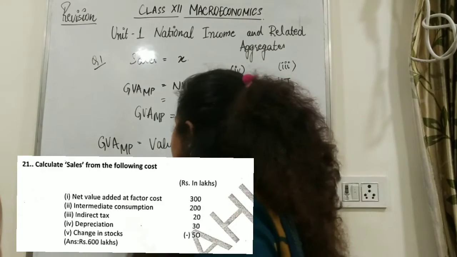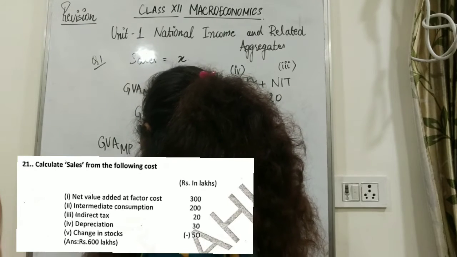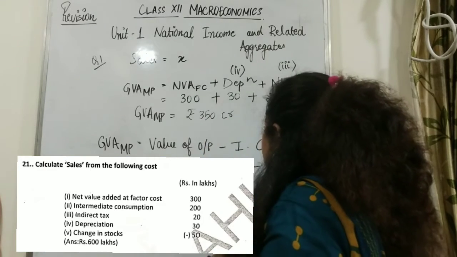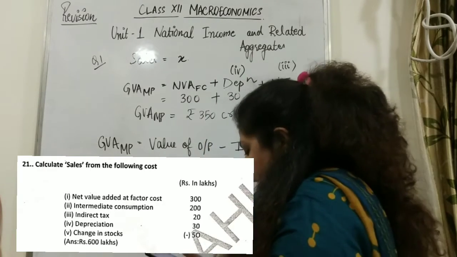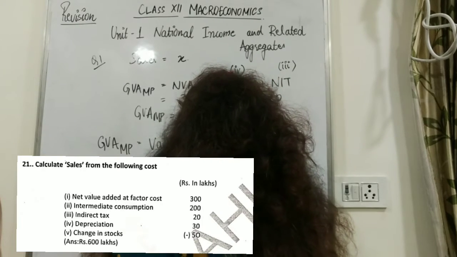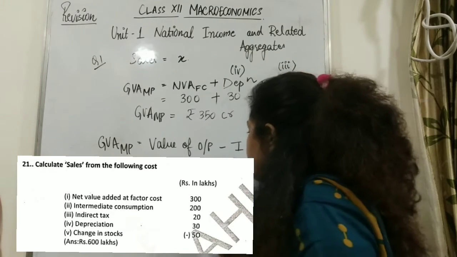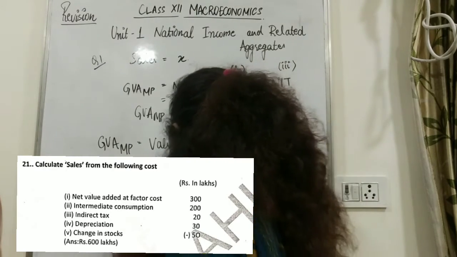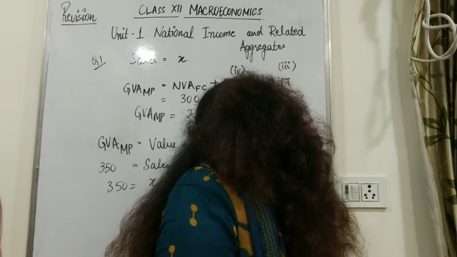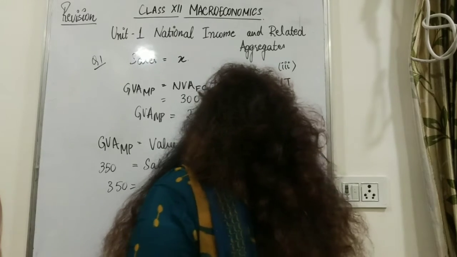So let's take sales as X, GVAMP as 350, and let's solve. Change in stock given in the question is how much? Just have a look. It is given as minus 50, minus intermediate consumption is 200. When you solve, take it this side, 400 plus 200, X, that is sales, will come out to be how much? Rupees 600 crores. That is my answer.